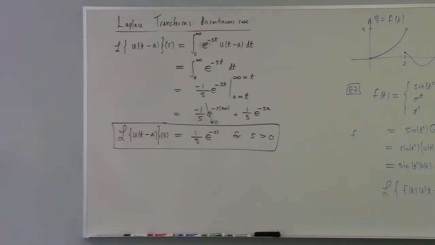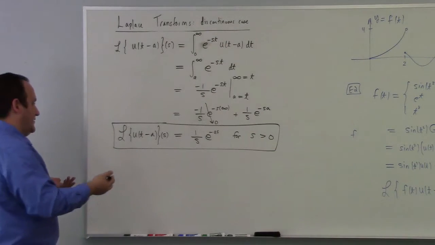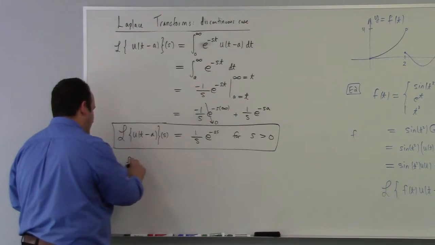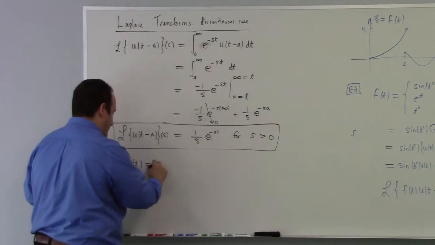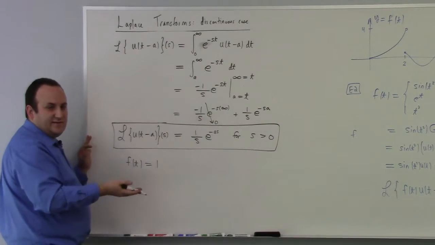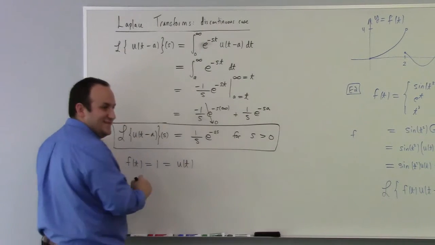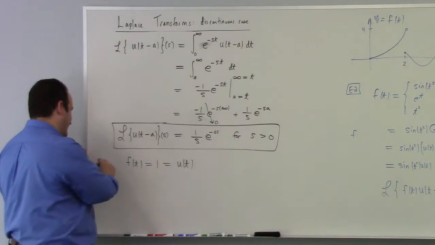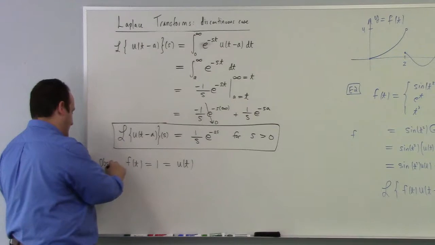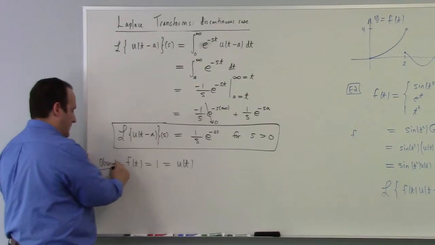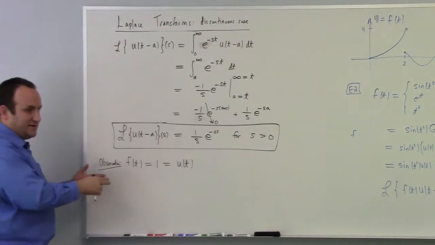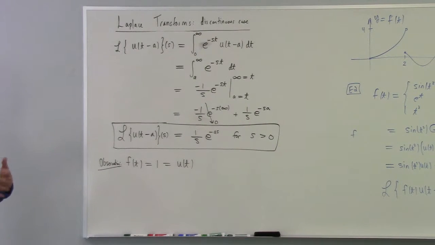You notice that we have f of t equal to 1. Since we consider positive times, this is the same as u of t. If we just look at the constant function 1, we're always considering the positive time domain.